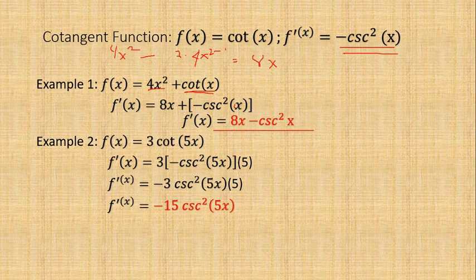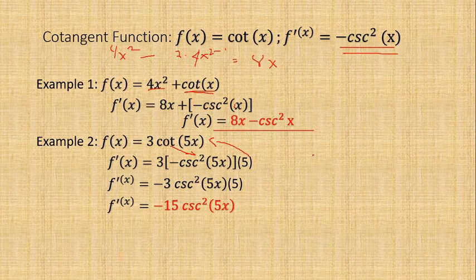And we have example number 2, f of x equals 3 cotangent of 5x. Okay, so 3 times negative cosecant squared 5x, then derive 5x.